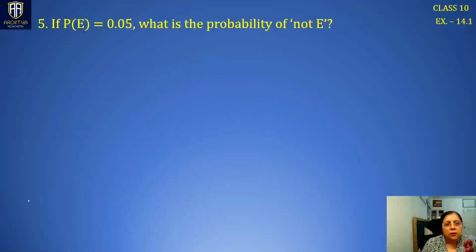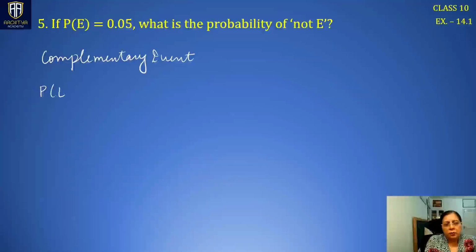Next is, if P(E) is equal to 0.05, what is the probability of not E? Not E is called the complementary event. For a complementary event, we had learned that the probability of any event added to the probability of the complementary of that event gives us 1, right? So this is the relationship between the probability of any event and its complementary event.